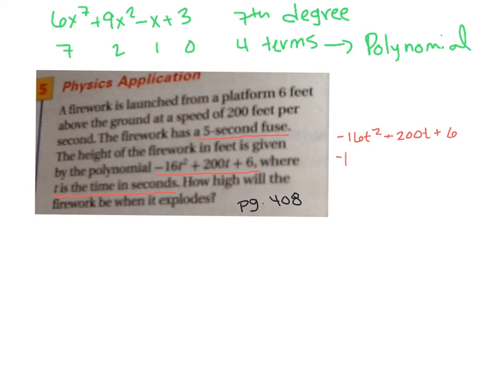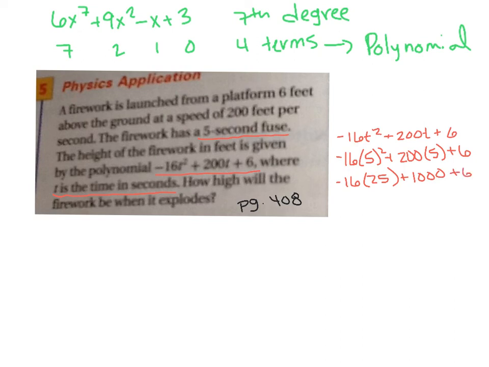So we have negative 16 times 5 squared plus 200 times 5 plus 6. We know that 5 squared is 25. We know that 200 times 5 is 1,000. Plus 6.